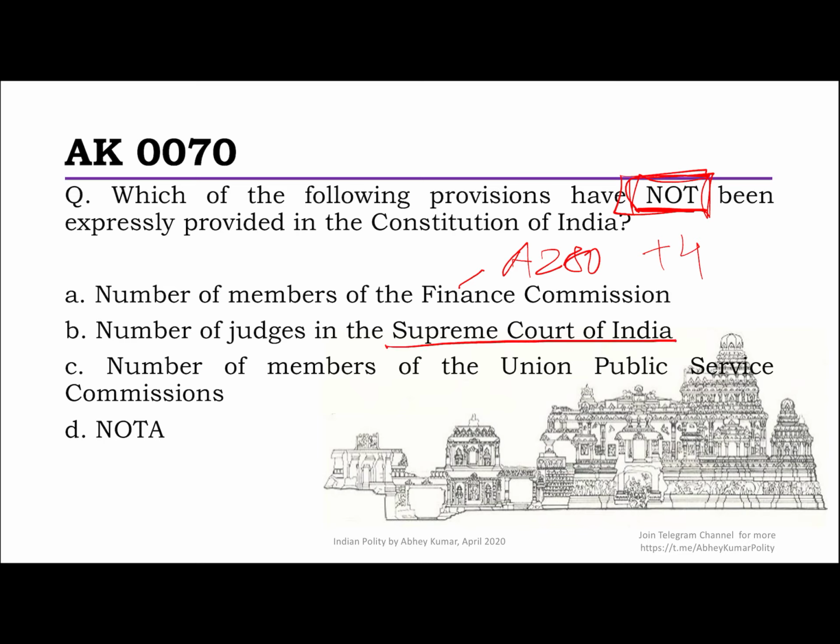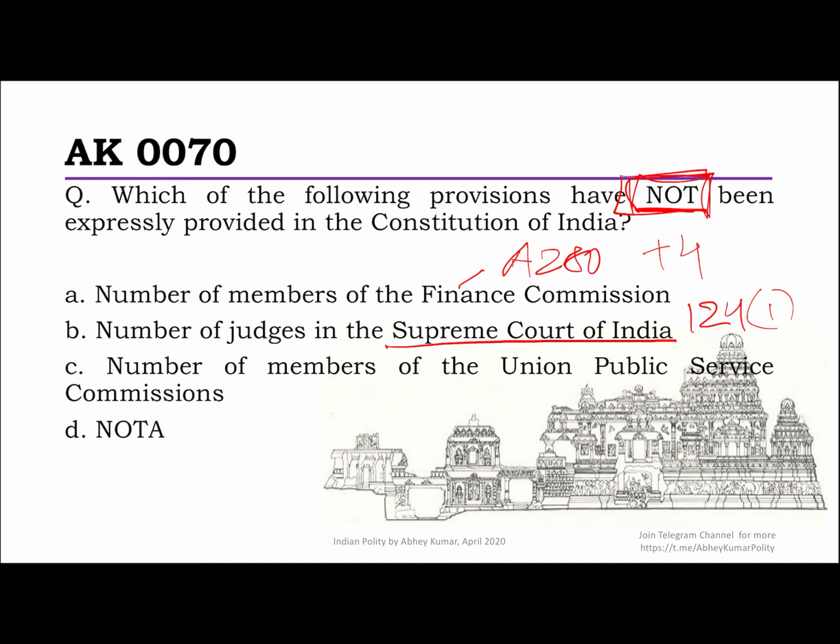Number of judges of the Supreme Court of India. If you go and read Article 124, specifically Clause 1, it says there shall be a Supreme Court of India consisting of a Chief Justice and, until Parliament by law prescribes a larger number, not more than 7 other judges. 7 other judges. Of course, today it is much more than that, but the number is specified there.